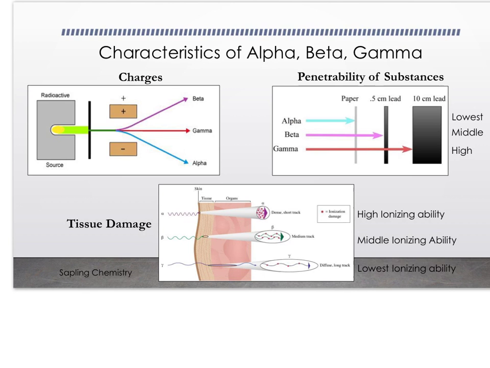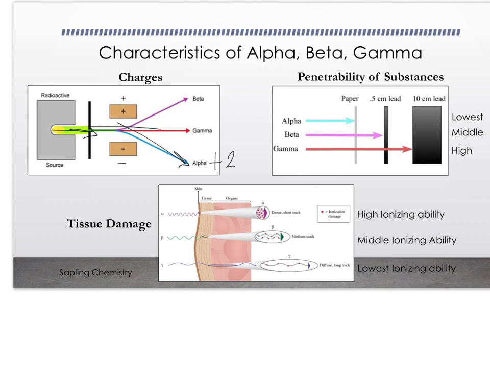There are a couple of characteristics that you need to know about alpha, beta, and gamma particles. When they identified the charges of the three radioactive particles, they used a radioactive source and shot the particles through a magnetic field of positive and negative charges. Since the alpha particle has a positive 2 charge, it was attracted towards the negative side and repelled by the positive magnet.